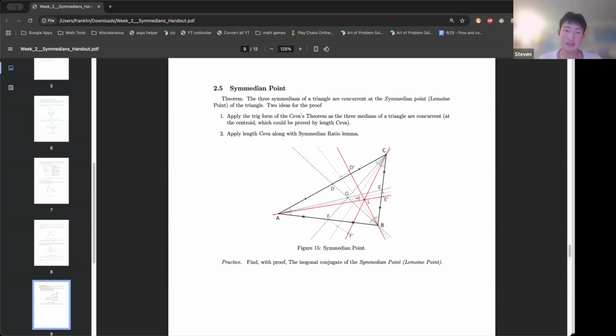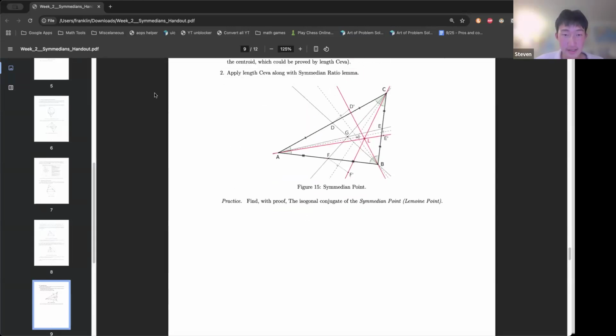Another idea is we can use the length Ceva, which is the normal Ceva, and combine that with the Symmedian ratio lemma. You're going to have a bunch of stuff that is cyclic, like symmetric, and they're all going to cancel out, and you're going to have the 1 at the end.